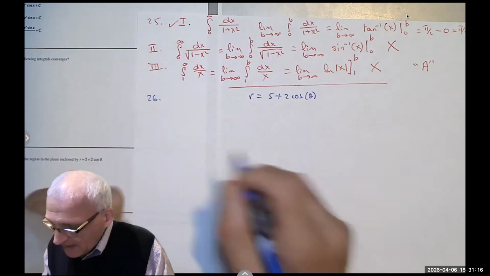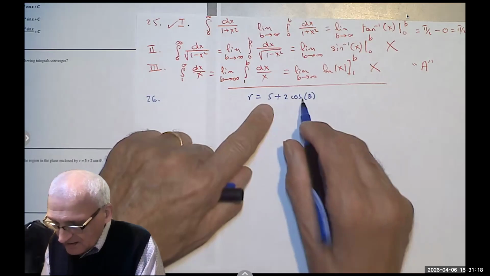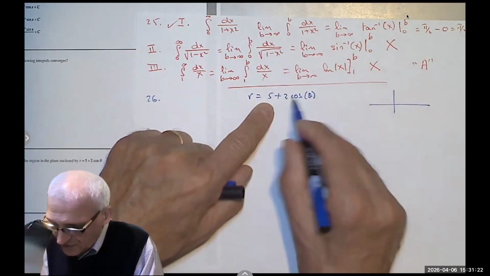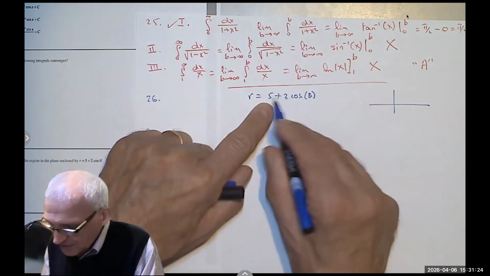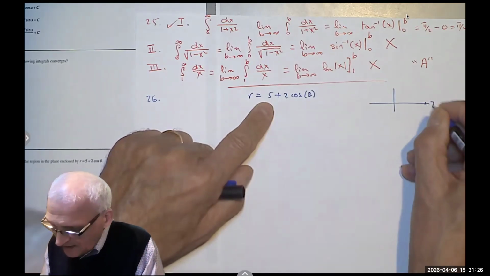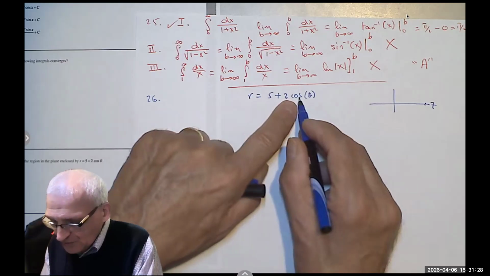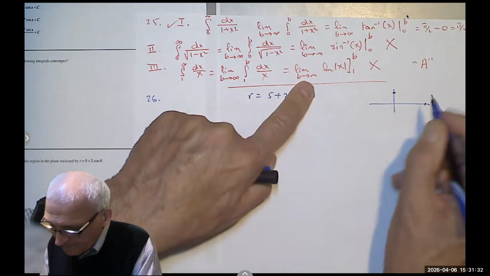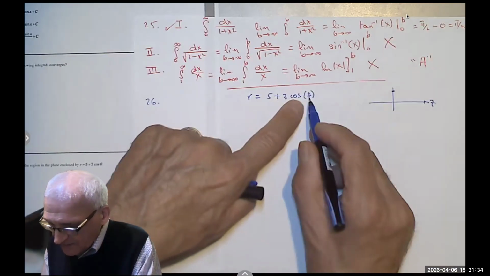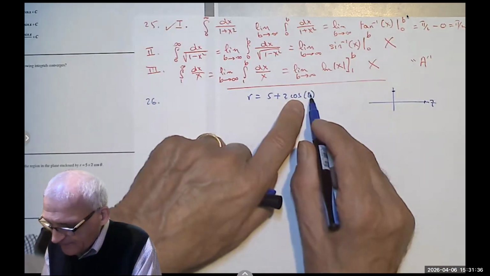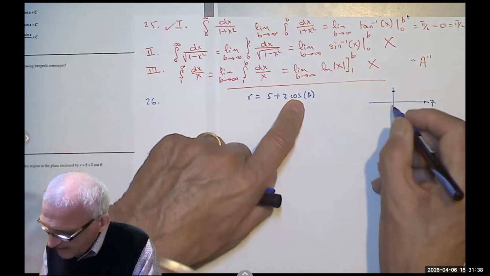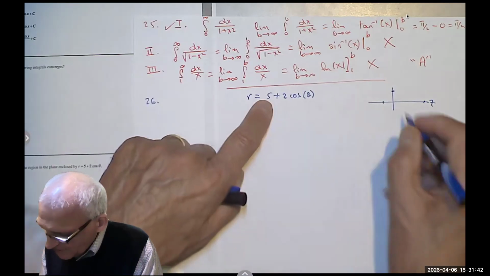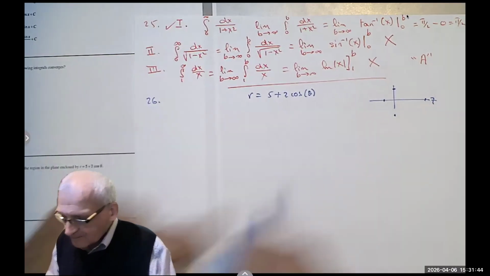When theta is 0, cosine 0 is 1, so 5 plus 2 is 7. When you go to pi over 2, cosine would be 0, and you will go to 5. And then when theta is pi, cosine is negative 1, so you get 3. And then 3 pi over 2, you get 5 again.